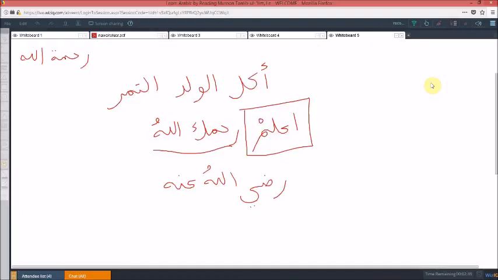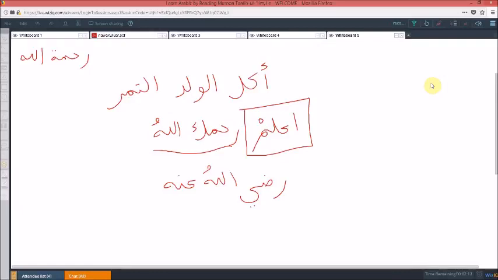Okay. But I thought you were saying it was a dua. No, Rahimakallah is a dua. I'lam is the beginning of the treatise. And the point is now you can read I'lam Rahimakallah without vowels.